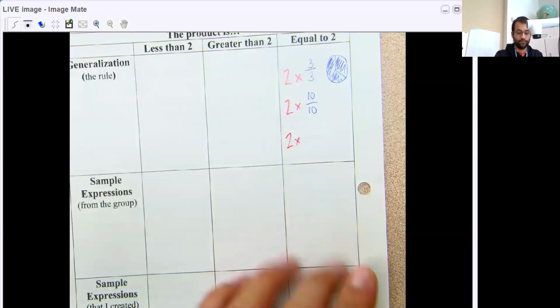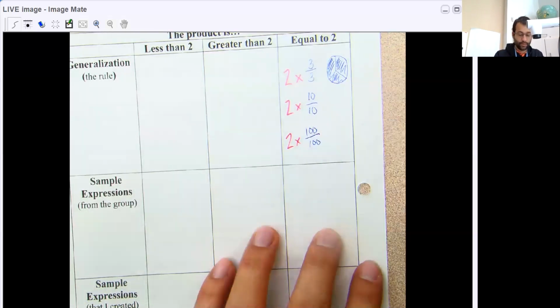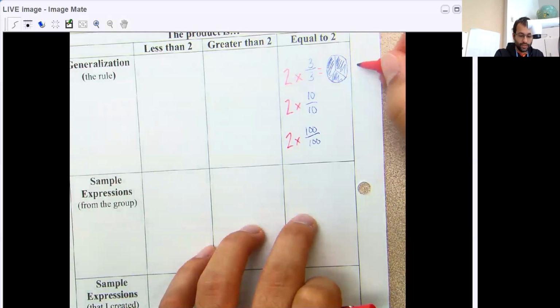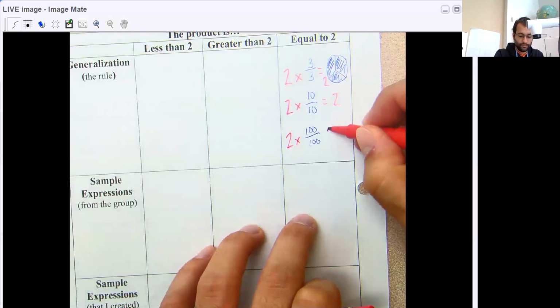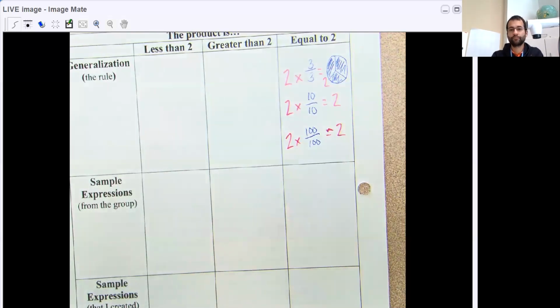And let's do 100 over 100. That's also equal to a whole, right? So if I were to break this circle into 10 pieces and shade 10, or 100 pieces and shade all 100, that's still equal to a whole. So all of these are going to be equal to 2, okay?